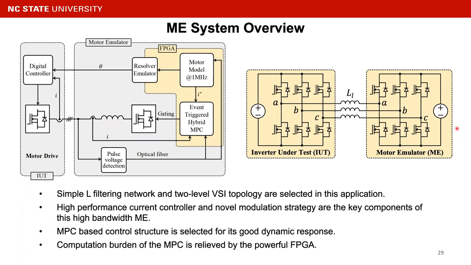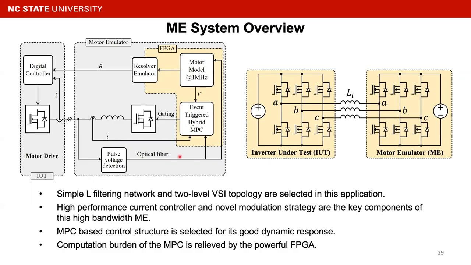And on the right, we have the detailed topology of the setup. As you can see, a simple L filtering network and the 2-level VSI topology are selected in this application. High performance current controller and the novel modulation strategy are key components of this high bandwidth motor emulator.